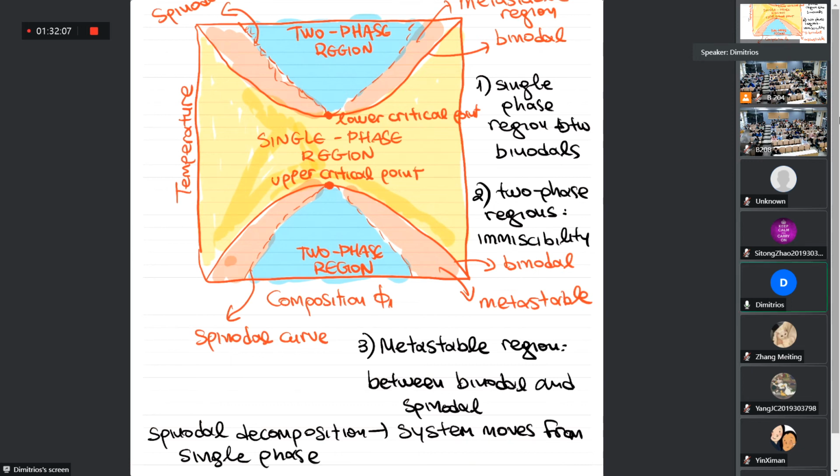So it goes instantaneously from single phase to two phase mode, let's say.